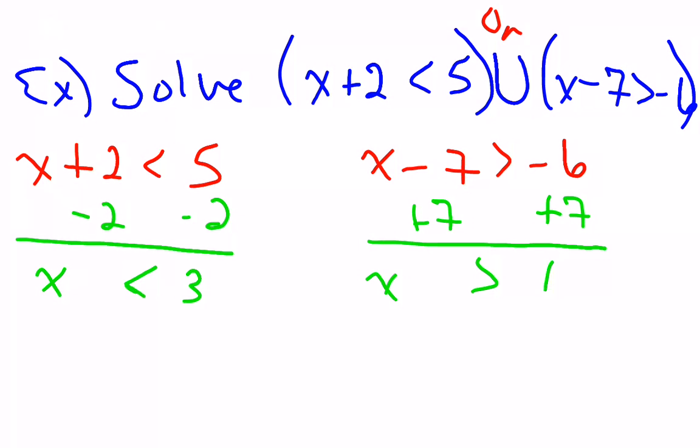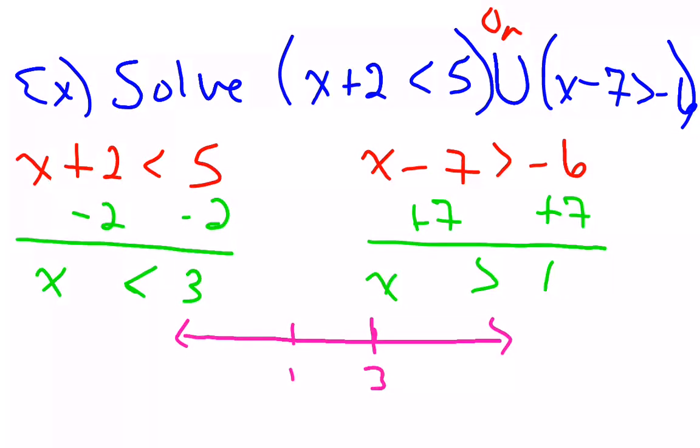Now let's look at what this means on a number line. So if we have, let's put 1 here and 3 here, because the idea is that we put them on the same number line. Now we want to graph them both onto there.